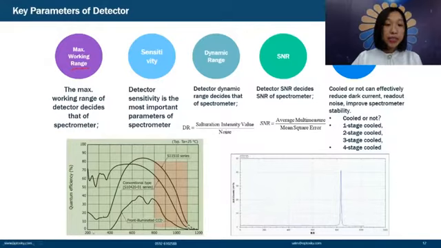You can see in this picture, this is a Hamamatsu model's detector. These detectors can cover the wavelength range from 200 to 1050.